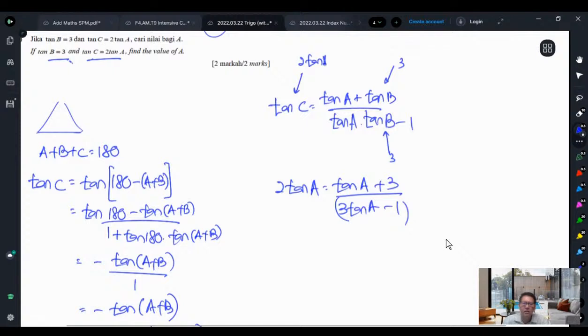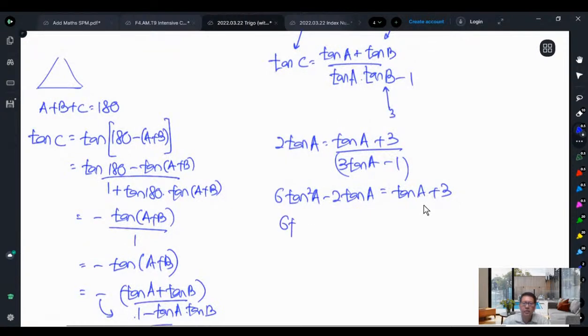So it's just move it up. 6 tangent square A minus 2 tangent A equals tangent A plus 3, so 6 tangent square A minus 3 tangent A minus 3 equals 0.